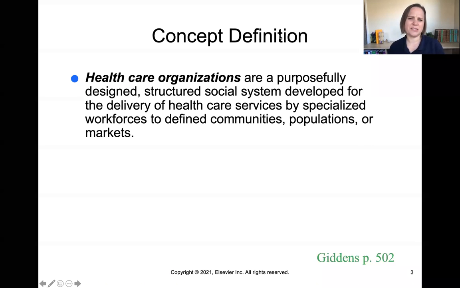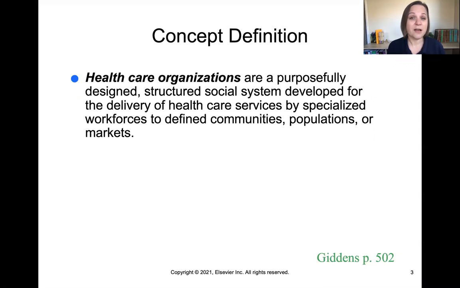Now, I think when we talk about the idea of healthcare organizations, it's something we're kind of familiar with, right? We've all been a patient at a clinic or at a hospital, or have had a loved one in a clinic or a hospital, and we've engaged with different kinds of healthcare organizations just as consumers ourselves.